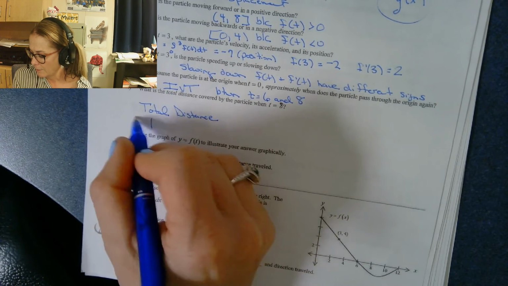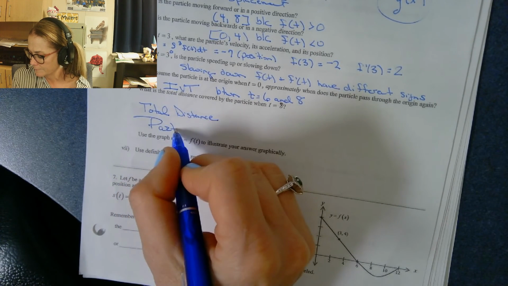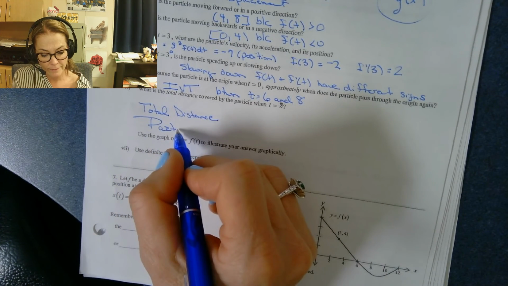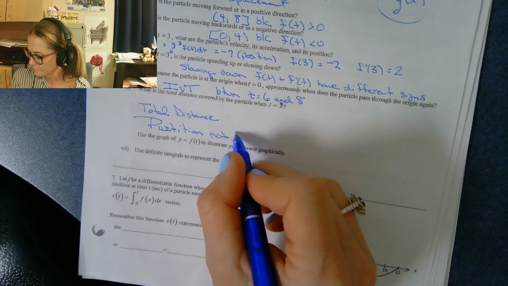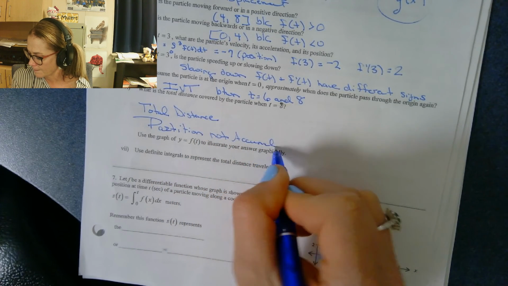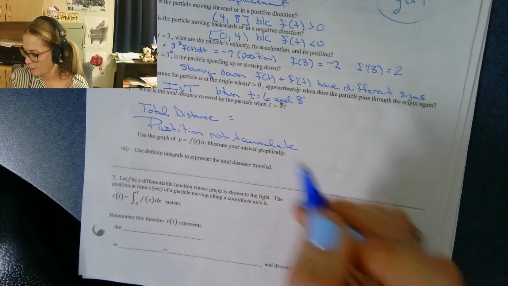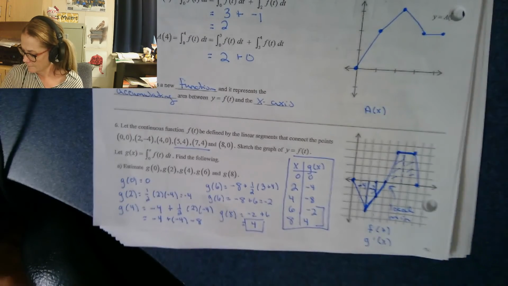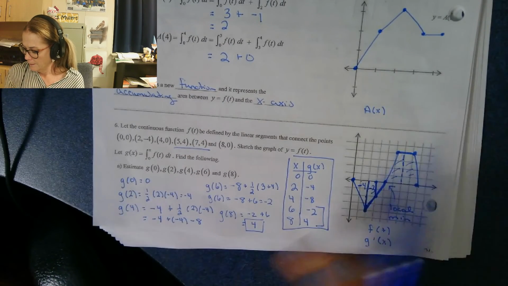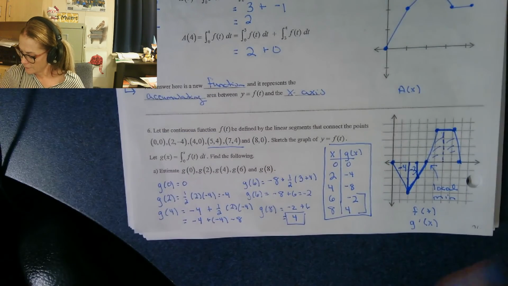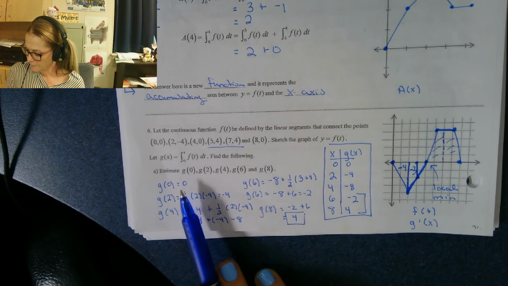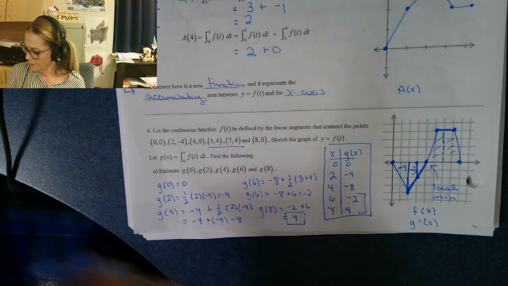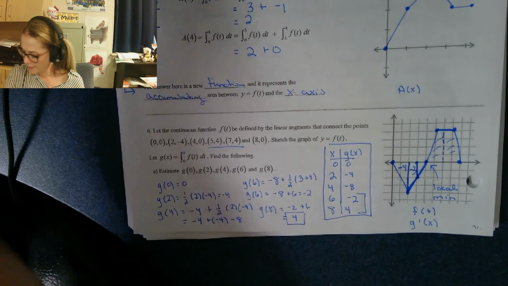Okay, so now I want you to think partitions, not accumulate. So let's go look at all of our partitions. Our first one was 0.